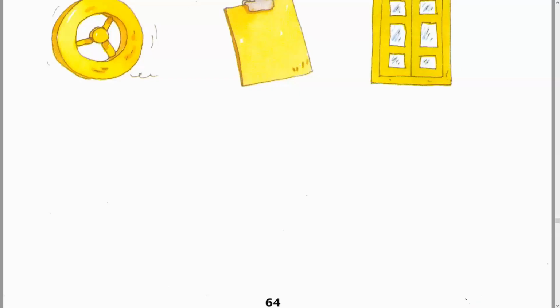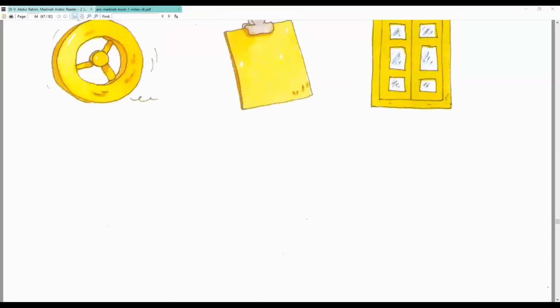I hope it has come now. This is of Surah Waqiyah. Let's try to analyze a little bit of that surah, inshallah, so that we can increase in our vocabs.